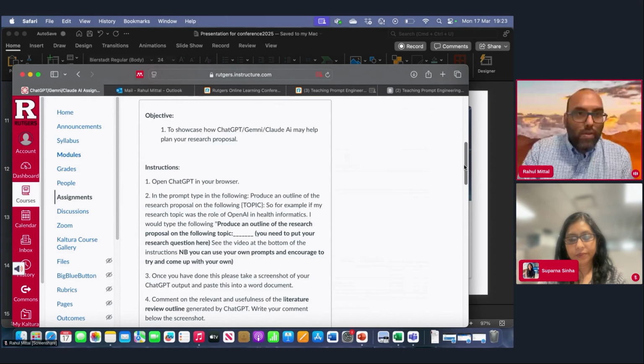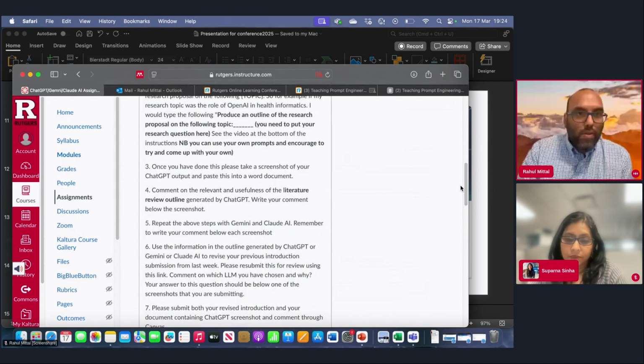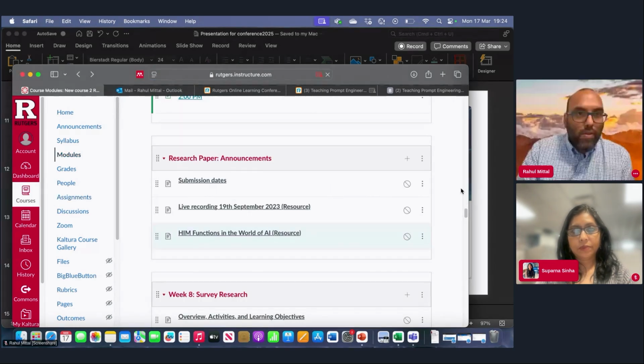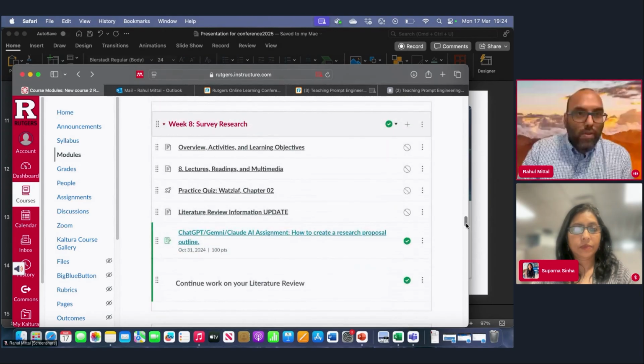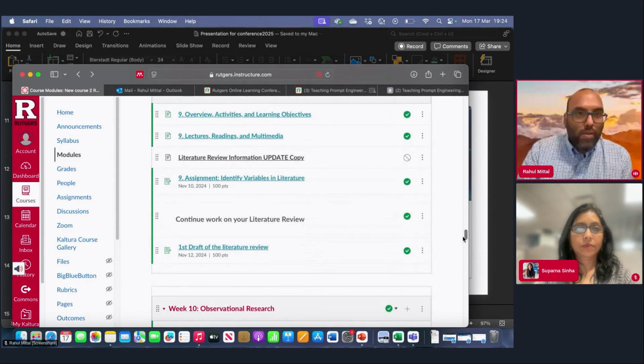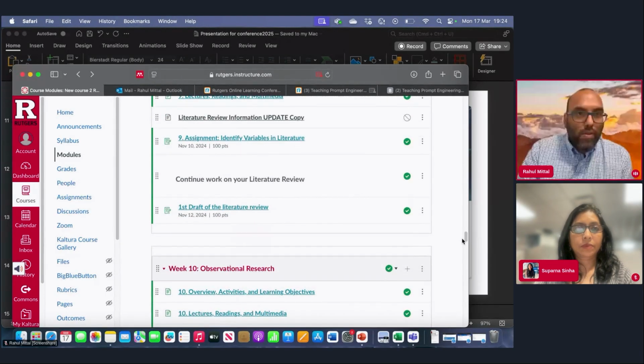There were also marks for stress testing each of the outputs. So it was almost like a learning diary journey throughout for the students. So at the end, they were able to produce a literature review.